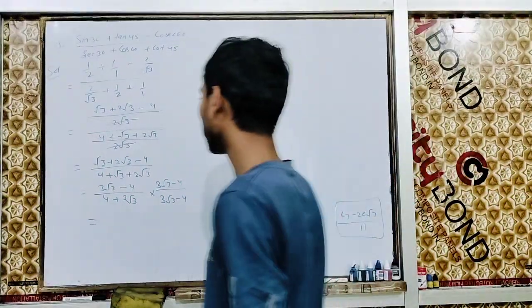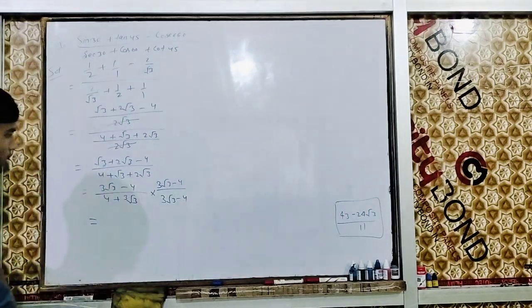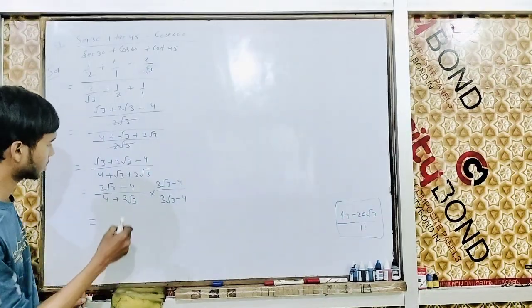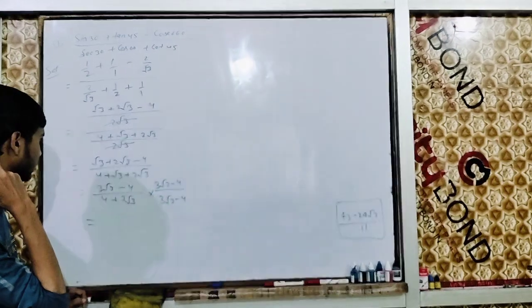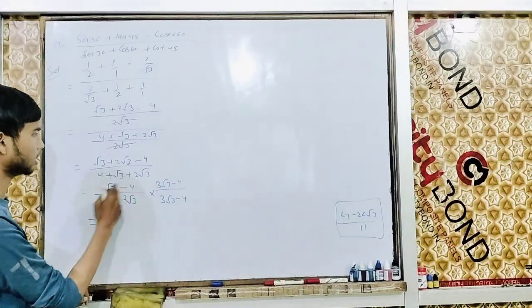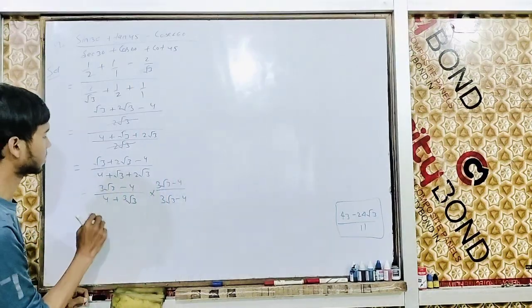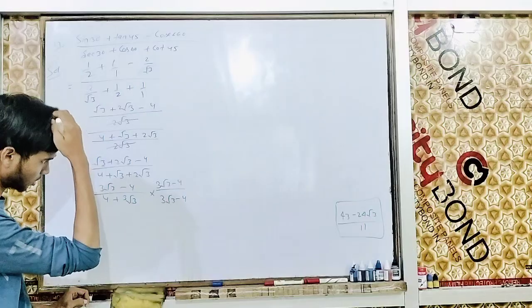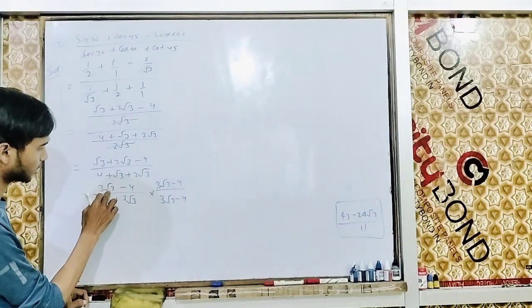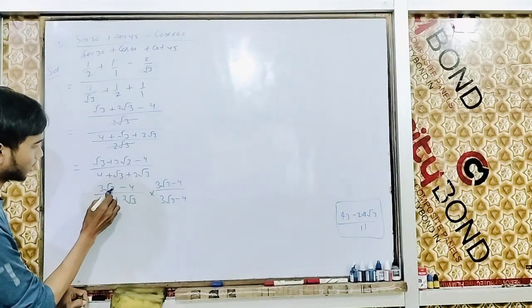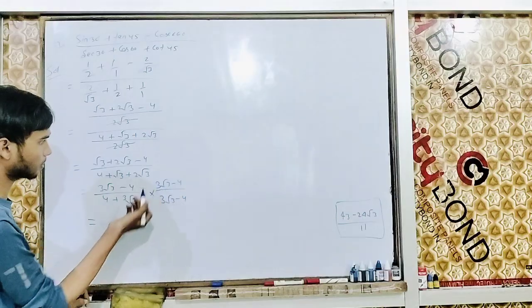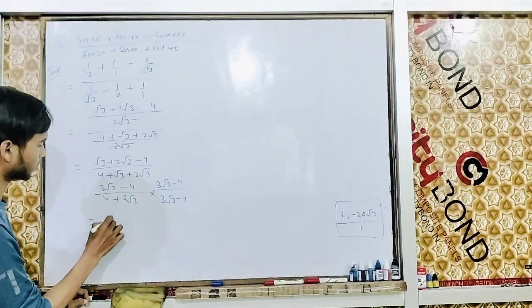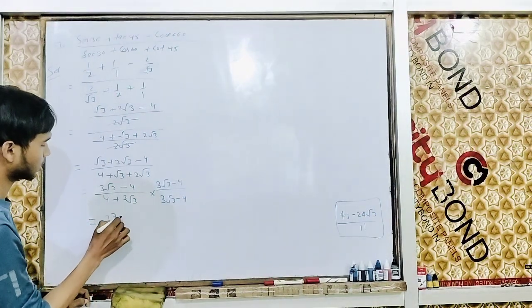If you don't want to apply algebraic identity here, then you can solve it just by multiplying this by this, this by this, this by this, this by this. So 3 3 is a 9, and here 3 3 is a 9. Then 3 3 is a 9. It is a perfect square of 3, so it will become 27.